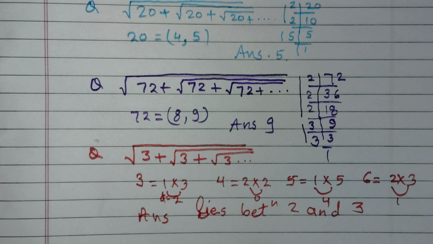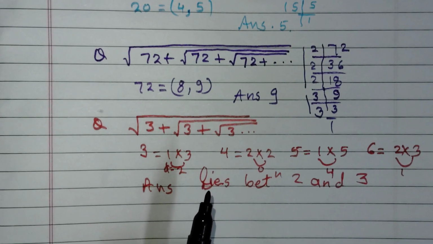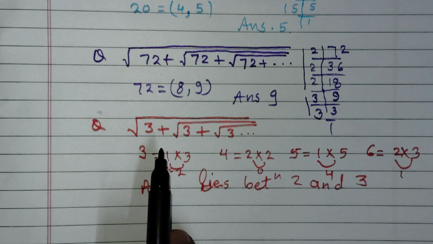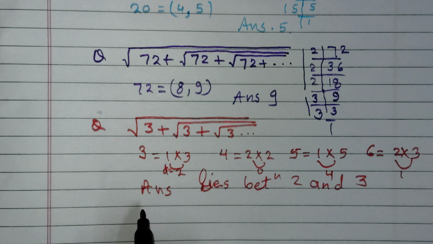Next question is similar to this. If this question has a minus sign inside, then what do we do? Then we come backward. We take the preceding number, because there is a minus.